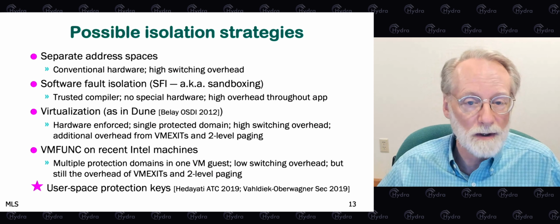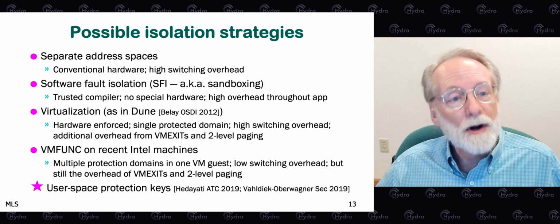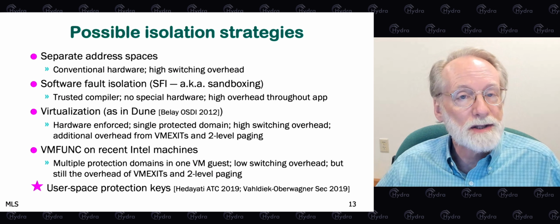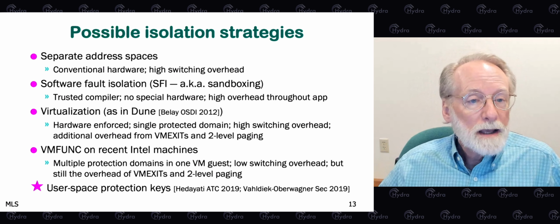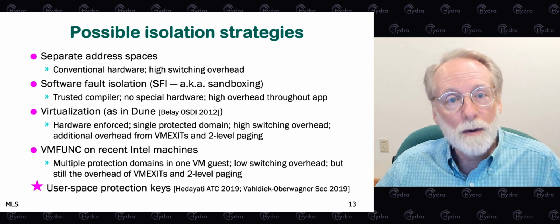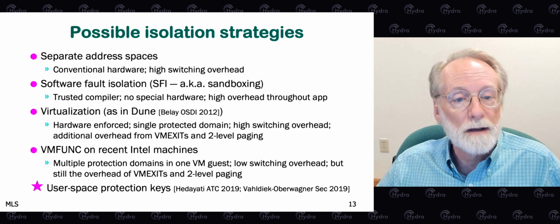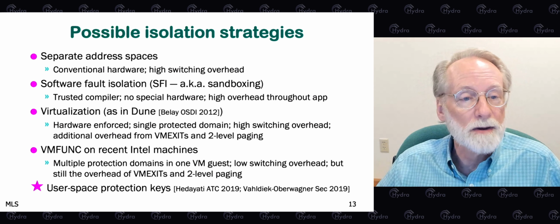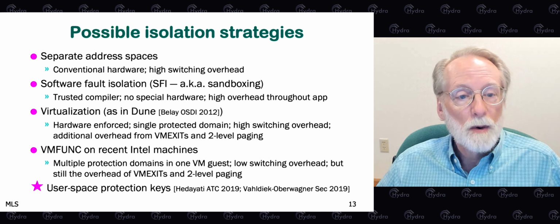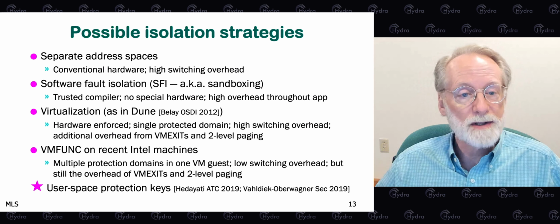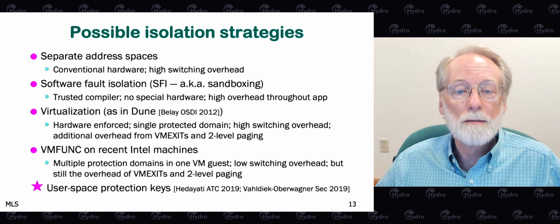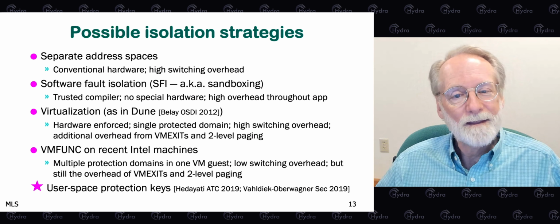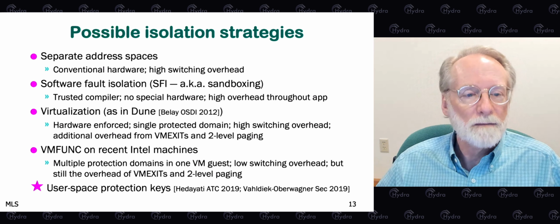A third option, as used in some library operating systems, notably the Dune system, is virtualization, using the hardware virtualization mechanisms built into modern x86 and other machines. So the hardware then enforces the separation, provides a single protection domain, but the switching overhead is still fairly high.